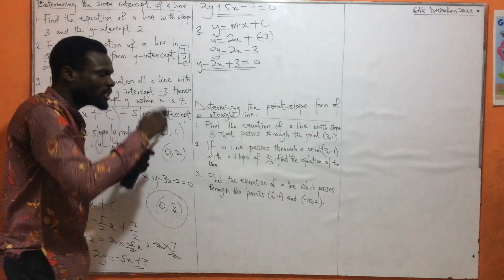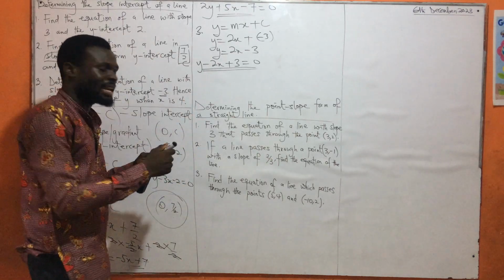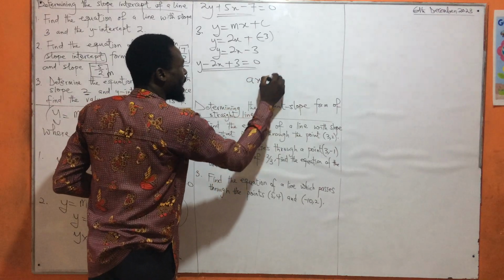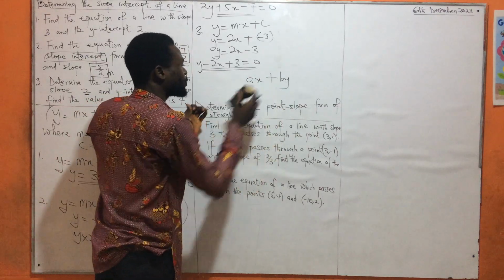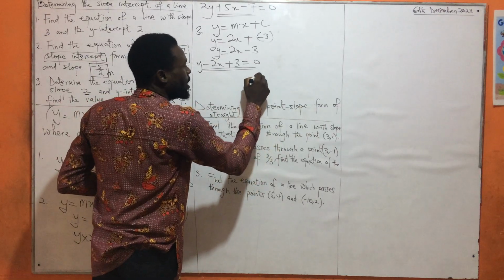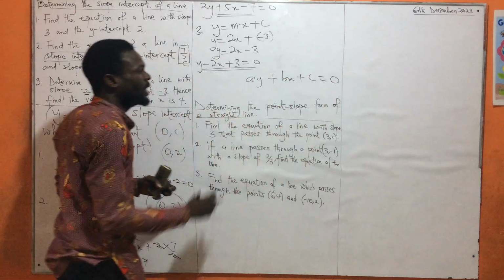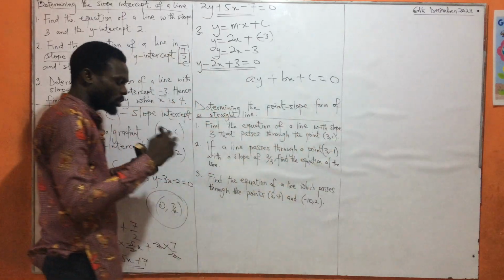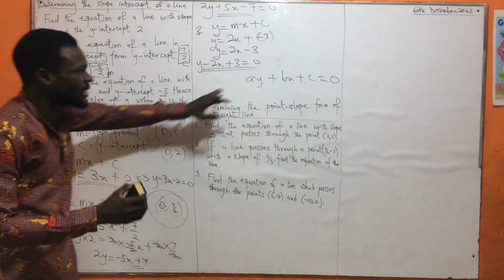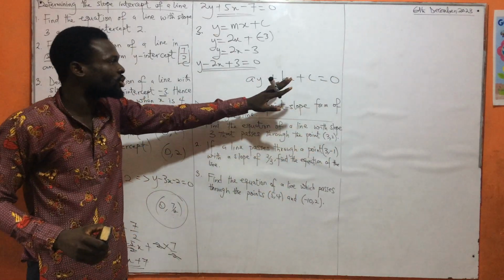Remember, previously we said the equation of a line is given as ax plus by plus c equals 0. This is the general equation of a straight line.